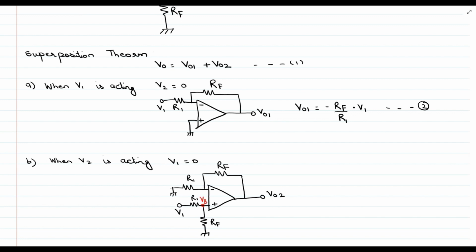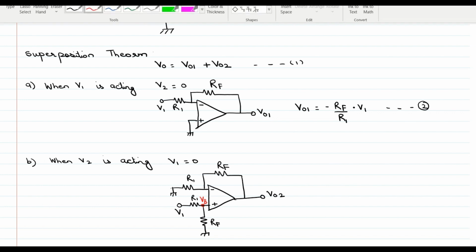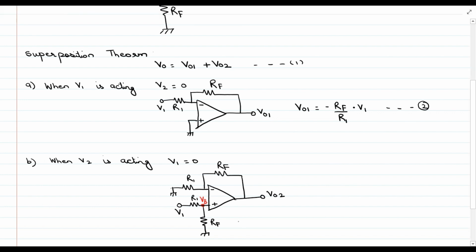So we know that this is nothing but a non-inverting amplifier. So output of non-inverting amplifier is given as 1 plus RF by R1 into the voltage at the non-inverting terminal, which is VB. Now we need to find out the value of VB.